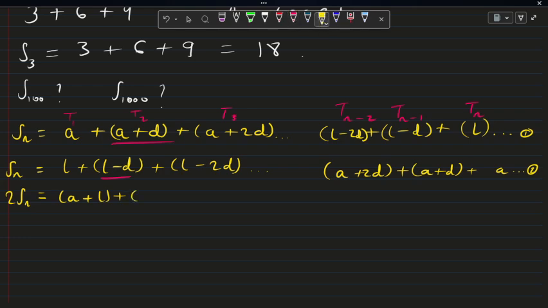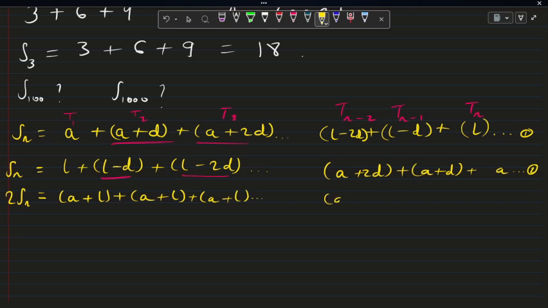Okay. So we will have A plus L. The same thing will happen here because positive 2D will cancel with negative 2D, and then we will be left with A plus L still. Okay, so this will be A plus L.